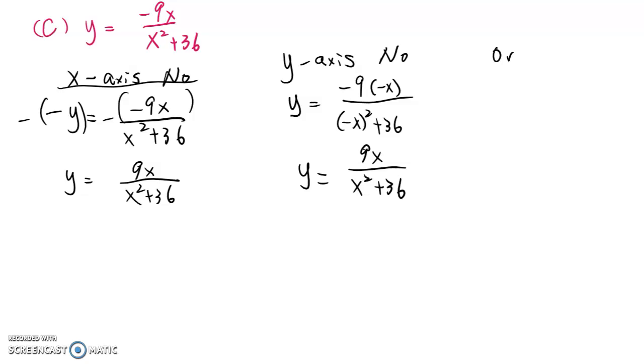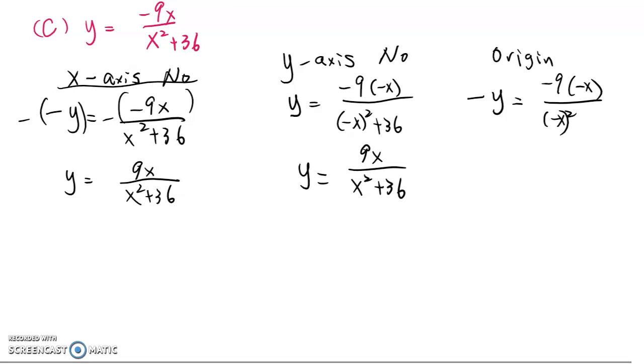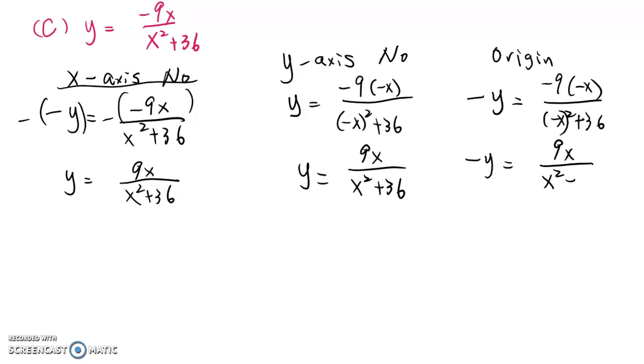Now let's test for the origin, which means you have to replace x by negative x, y by negative y. So negative y equals negative 9 times negative x over negative x squared, well, plus 36. Let's see. Let me simplify the right side first. So that's positive 9x over the bottom is x squared plus 36.